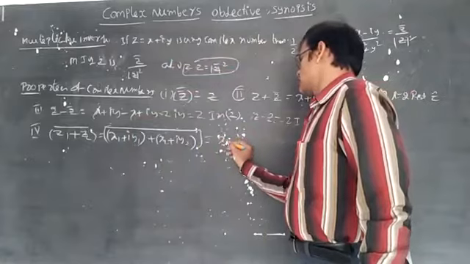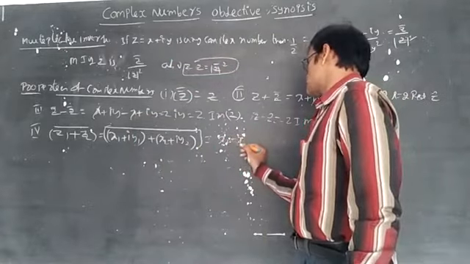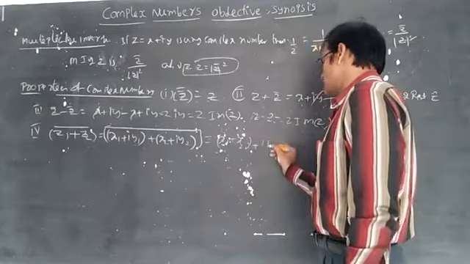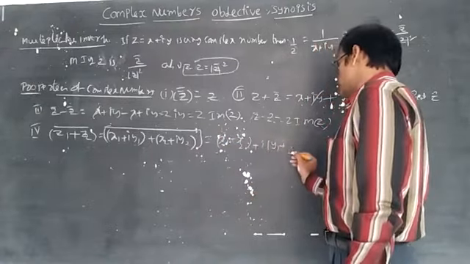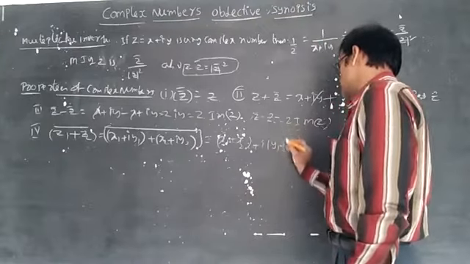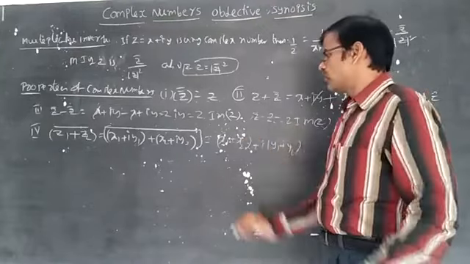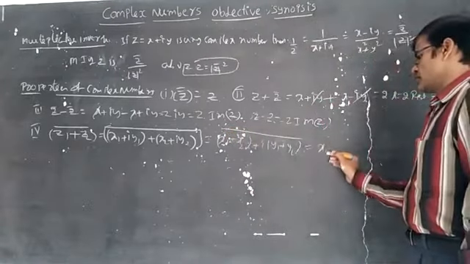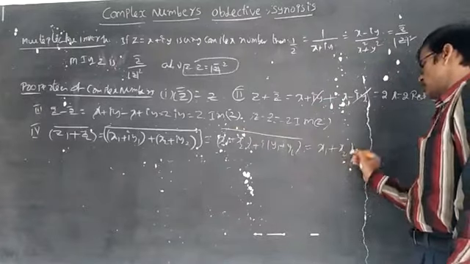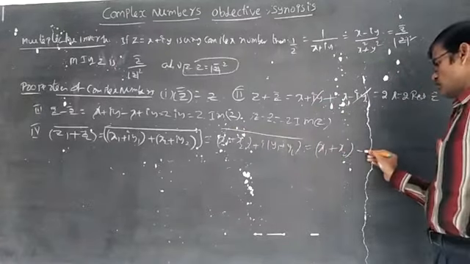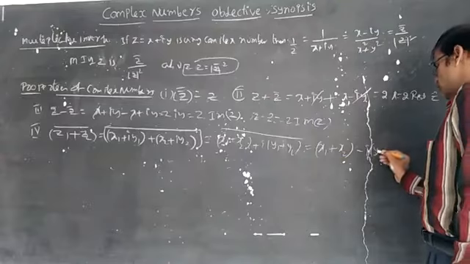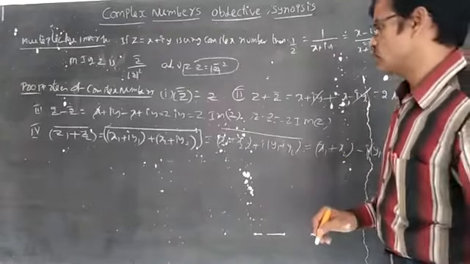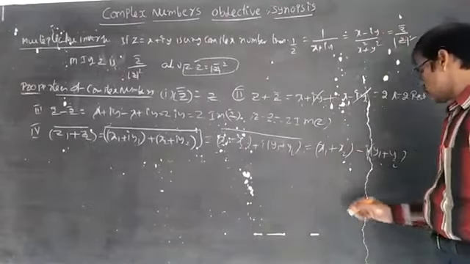The real part is x1 plus x2, and i taken common with y1 plus y2. Put the bar here. So the whole bar gives x1 plus x2 minus i of y1 plus y2.